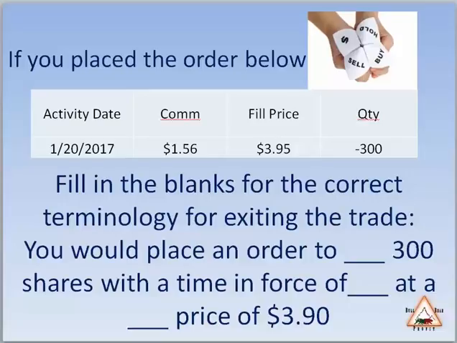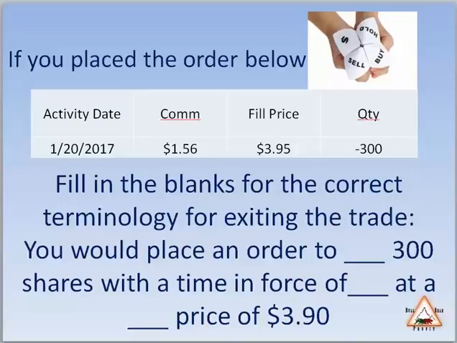So you would place an order to buy 300 shares with a time in force of good to cancel, and it'll say GTC, as in Charlie, and now you have to answer the last blank: at a something price of 390.